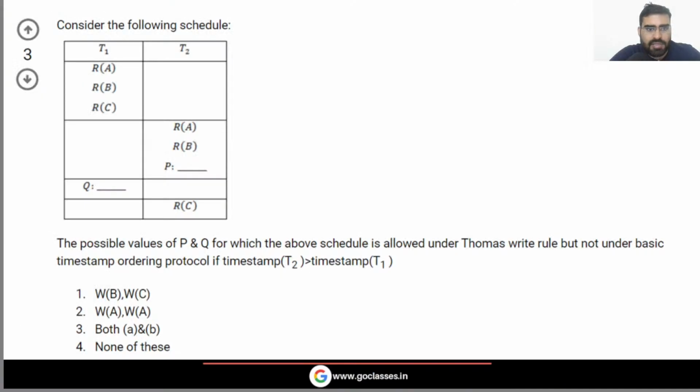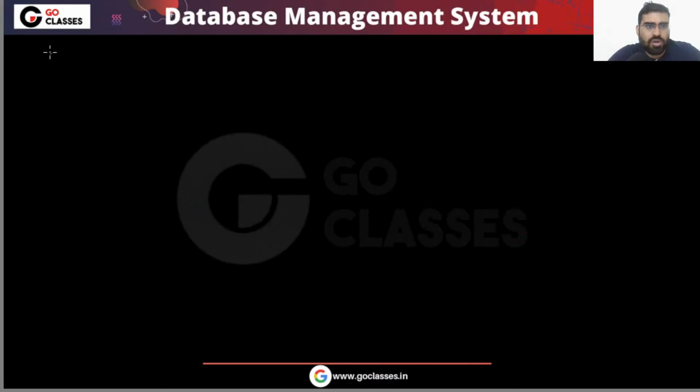Okay. And one more note. Using Thomas Write rule, you can generate some schedules which are not conflict serializable.